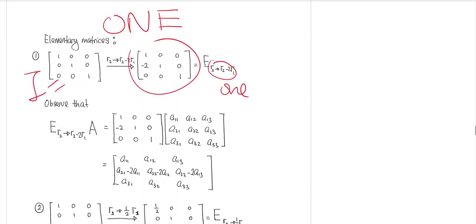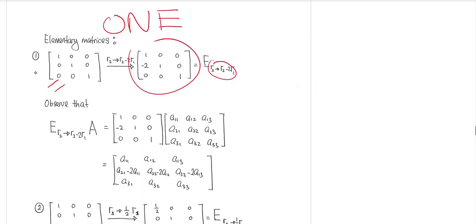So in the test on Tuesday, I might give you a whole bunch of matrices and ask you which one of them is an elementary matrix. If that's the case, you just have to figure out which one can be obtained by doing one operation. If you have to do 2 operations to get to that matrix, it is not an elementary matrix.